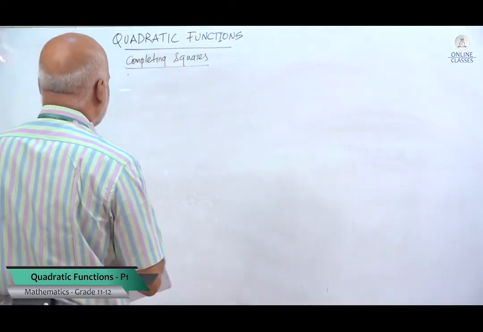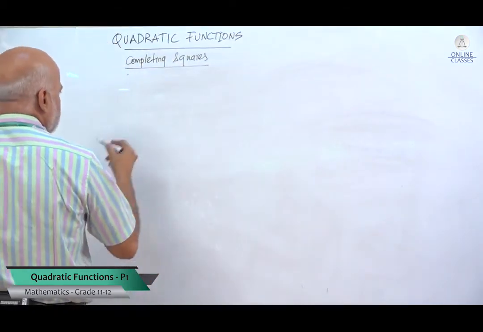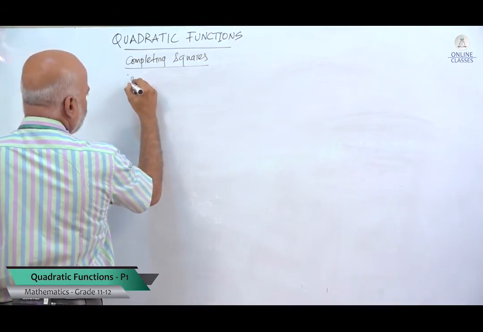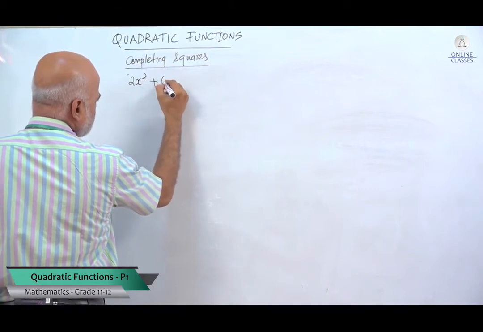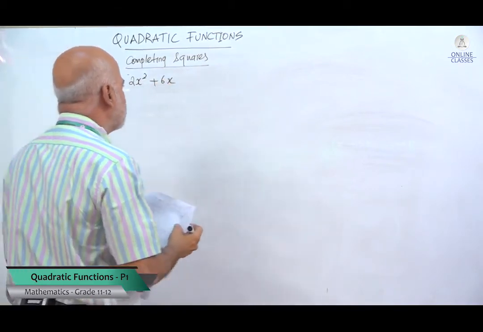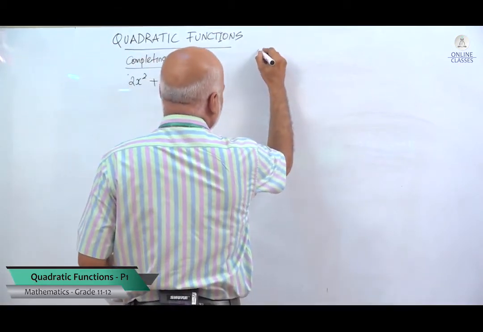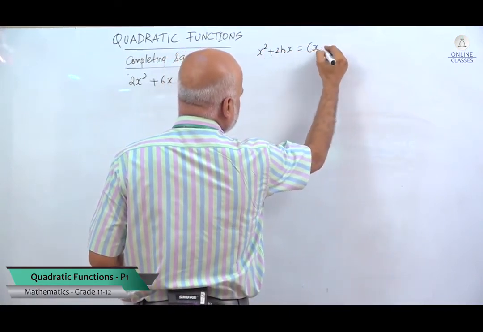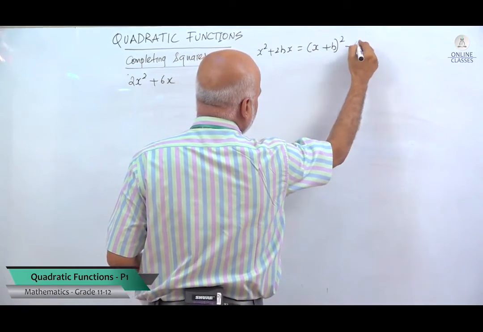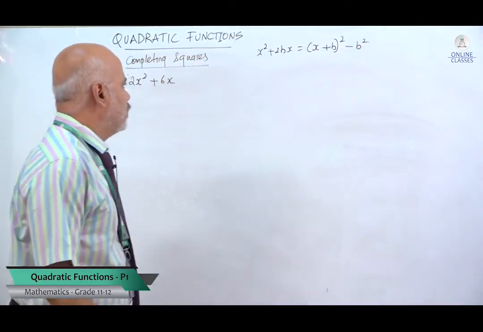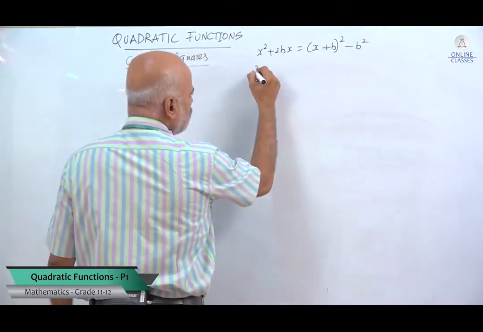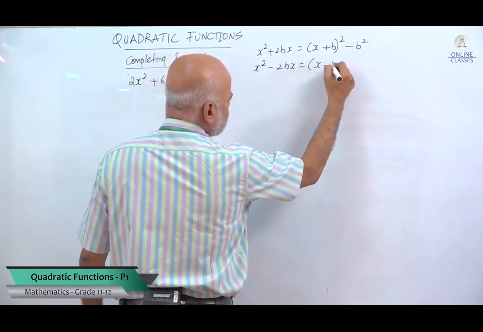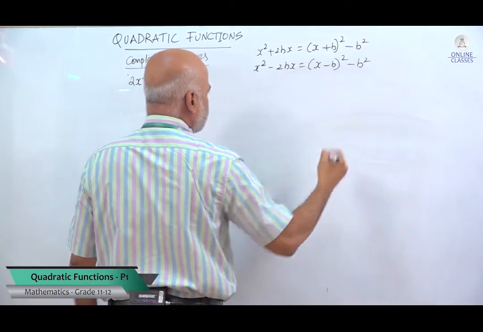Let's take some questions on completing square. Let's say 2x square plus 6x. How do I do the completing square for this question? See, the formula is what? x square plus 2bx is x plus b the whole square minus b square. Whereas the next one is x square minus 2bx is x minus b the whole square minus b square.